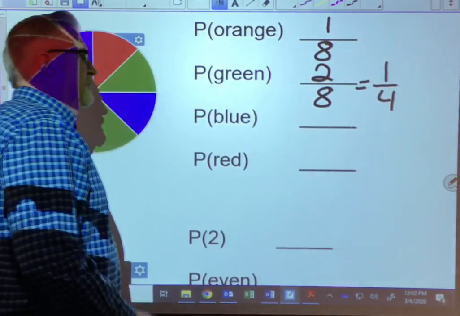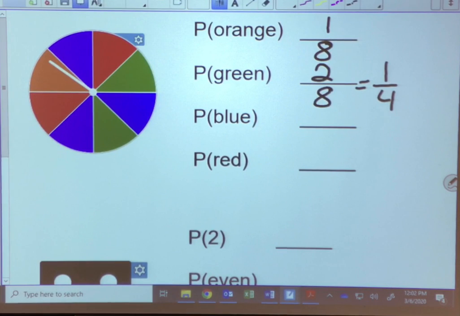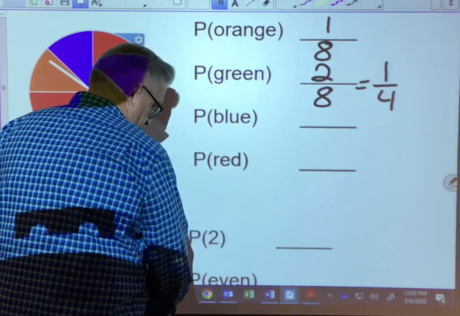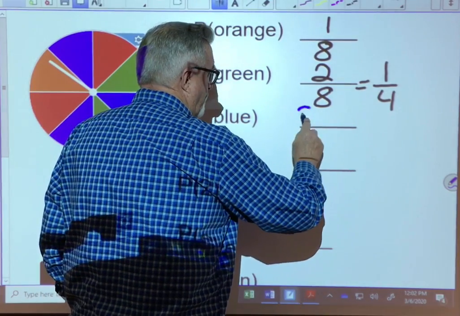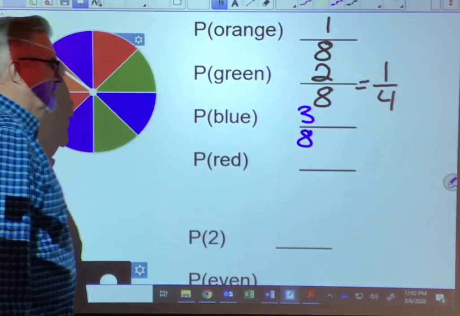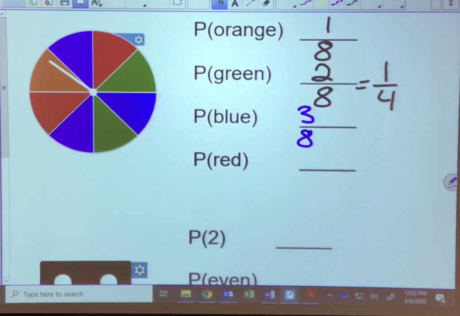Remember, we're going to express it in simplest form, okay? And then for the probability of a blue, there's how many blues? There's 3 blues. There's still a total of 8 outcomes on this. 3 over 8 is already in simplest form. We can't reduce it, so we're going to leave it there.